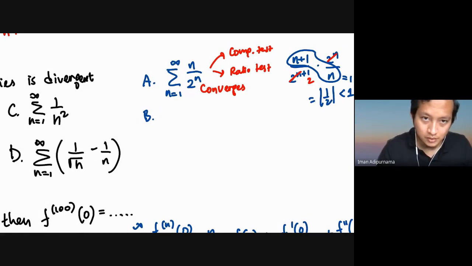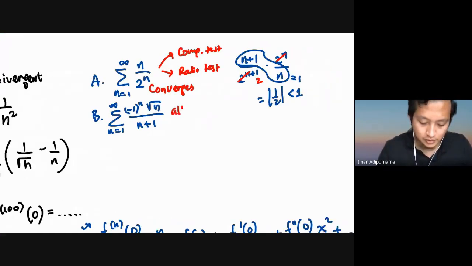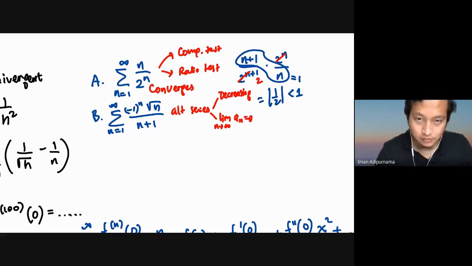Number B, you have the alternate series. If you check the alternate series, this series will be decreasing, and the limit of its sequence is 0.